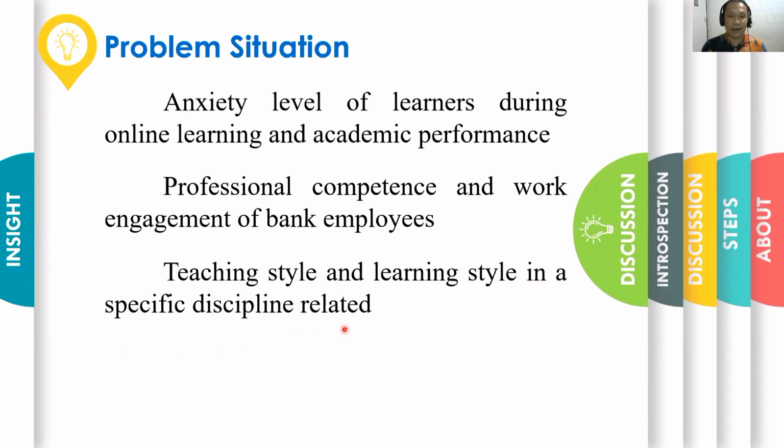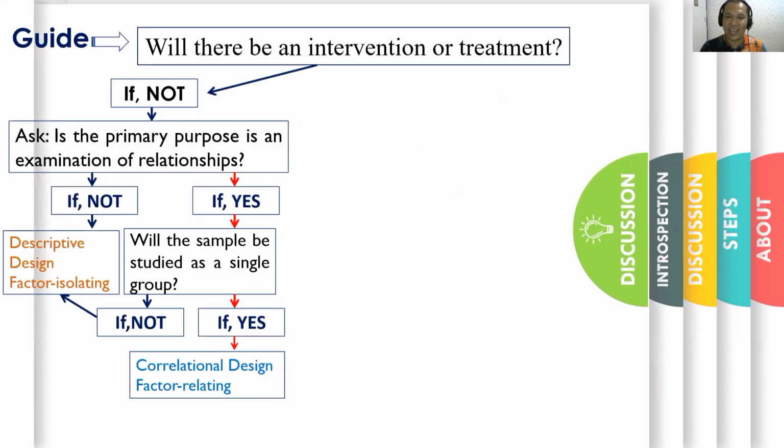Now, these are examples of correlational problems, or problems that use a correlational research design. I repeat, when we talk about correlational research design, we are looking for a relationship between two variables. Okay? Now let's go back.